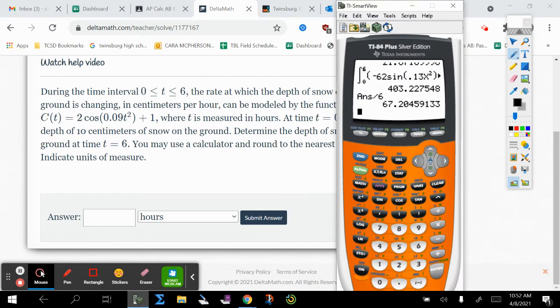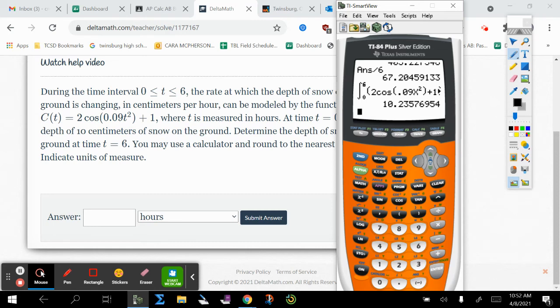So we are going to Math 9 again, going from 0 to 6. We have 2 cosine of 0.0009 x squared plus 1. That's going to give me how much snow has fallen.